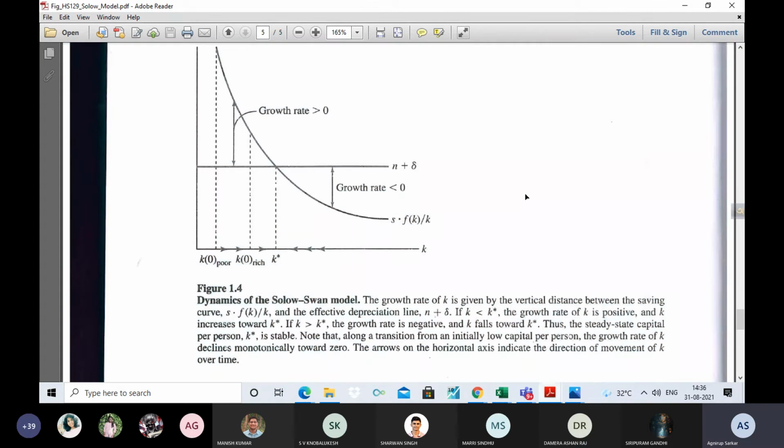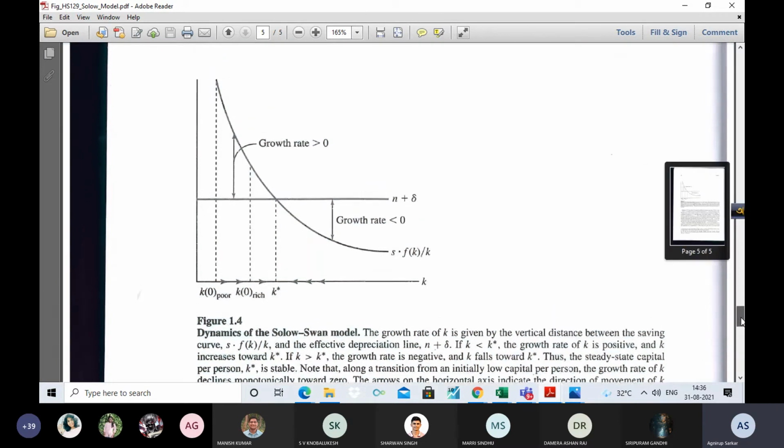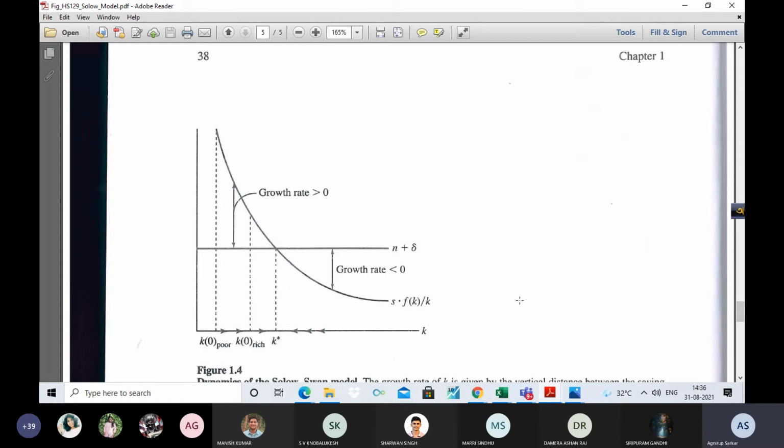In terms of the figure that we had looked into before, figure 1.4 in Barro and Sala-i-Martin, observe that the downward sloping curve, that is sF(K,T) by K, because of a constant growth in T, now shifts continually to the right.